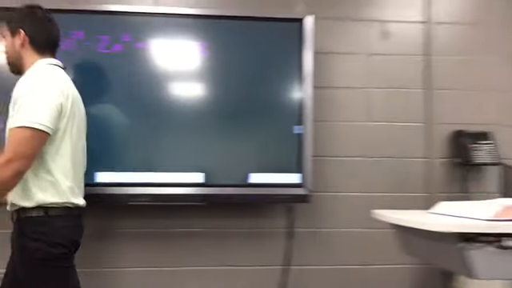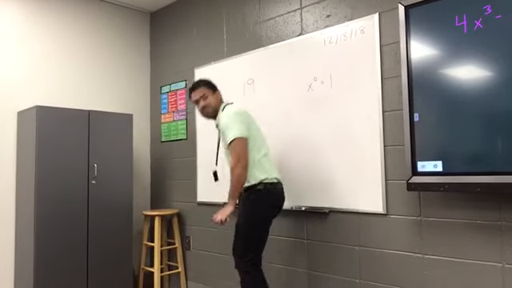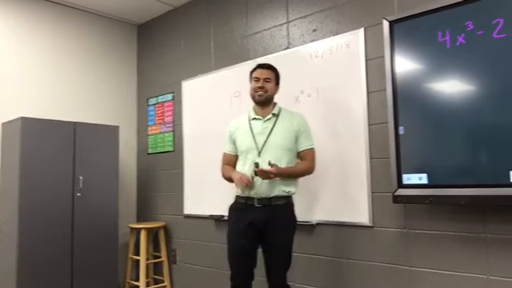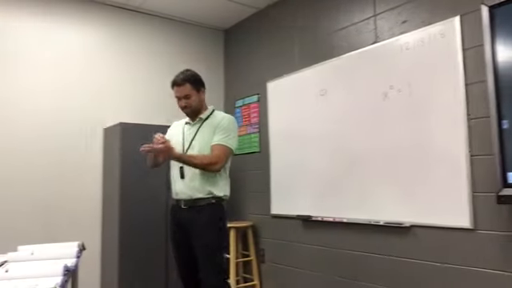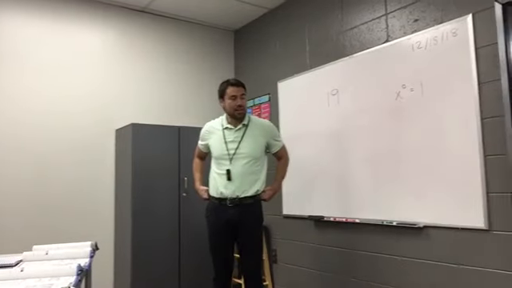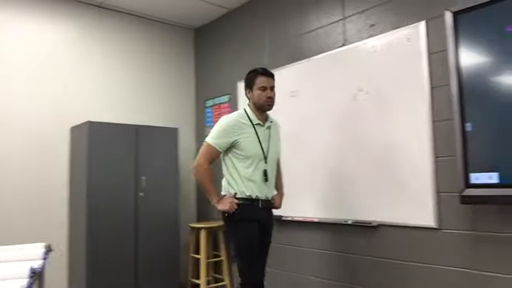All right, look at this polynomial right here. Write it down, please. I'm going to talk about a couple things about this and review a lot of concepts so you're not totally in the dark when you have to do this on your own.